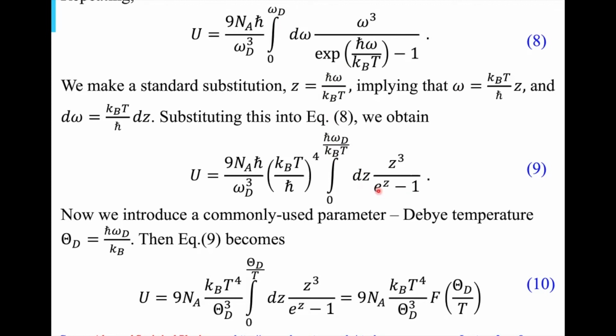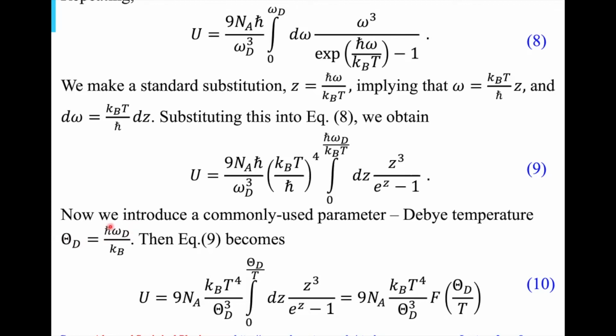It is convenient and conventional to introduce, instead of the Debye frequency, the Debye temperature by a very simple expression. The Debye temperature is h omega_D divided by kB. You might think about multiplying by kB: kB theta_D is the thermal energy corresponding to the Debye temperature, and it is equal to the maximum energy of the phonon.